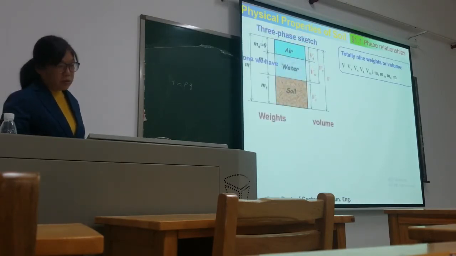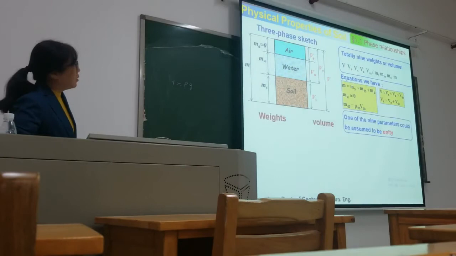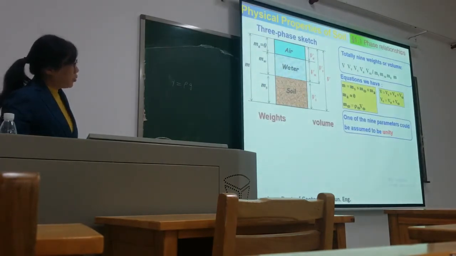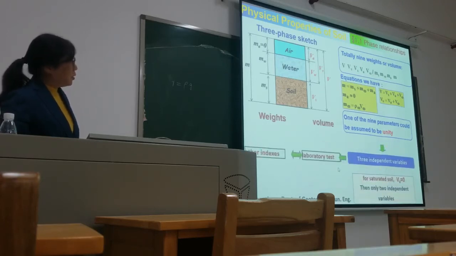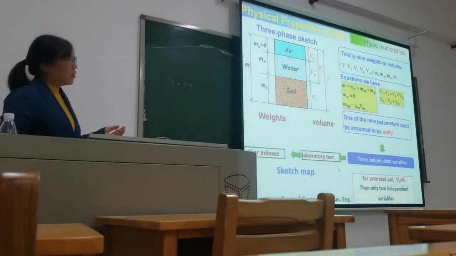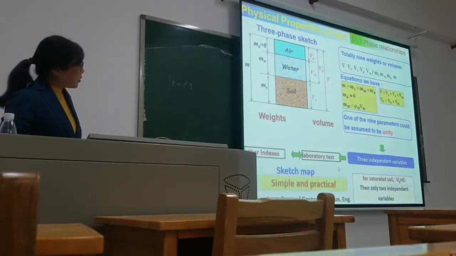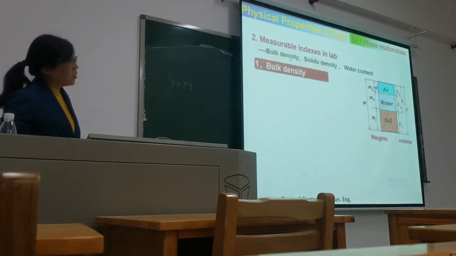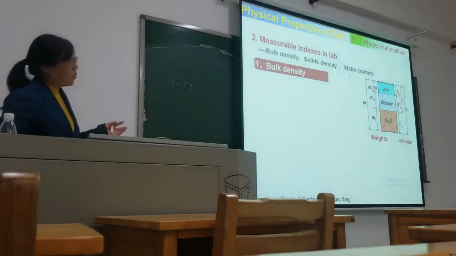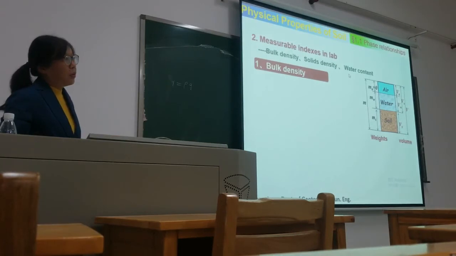Next, we'll discuss the measuring methods of the laboratory indexes. Three parameters: bulk density, solid density, and water content are measured in laboratory tests.